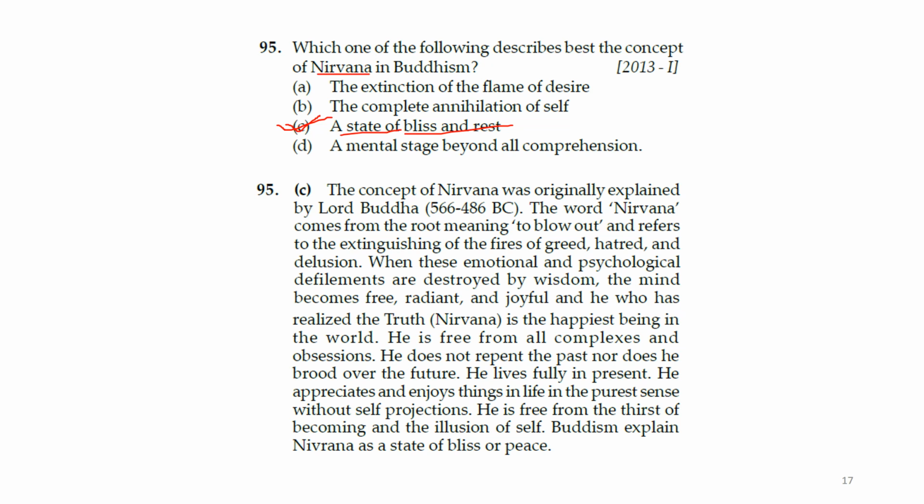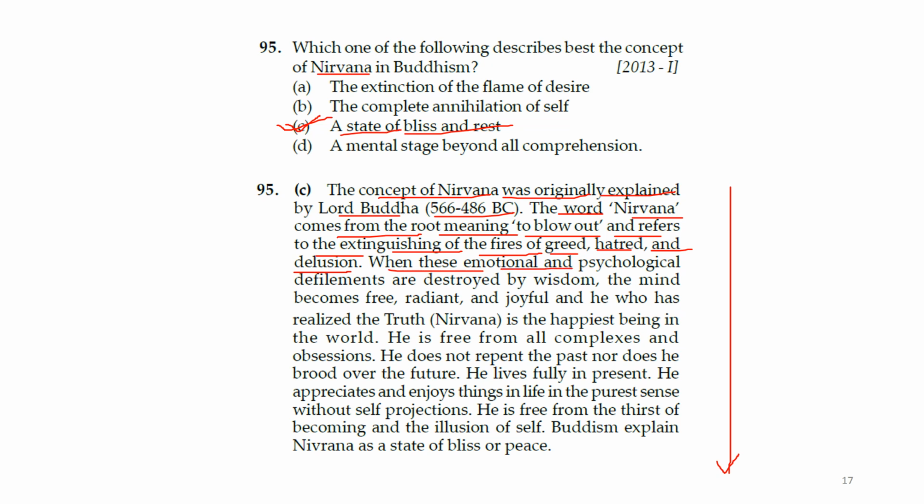We'll read here what is given. The concept of nirvana was originally explained by the Lord Buddha from 566 to 486 BC. The word nirvana comes from the root meaning to blow out and refers to the extinguishing of the fire of greed, hatred, and delusion.